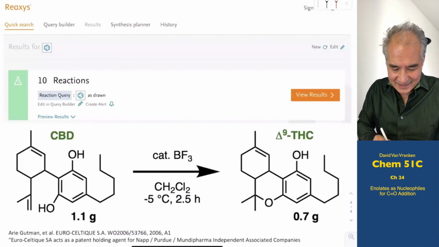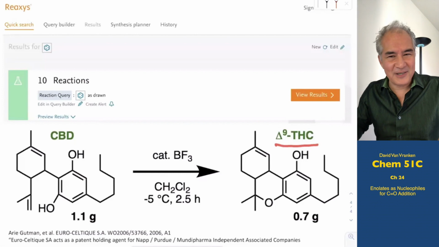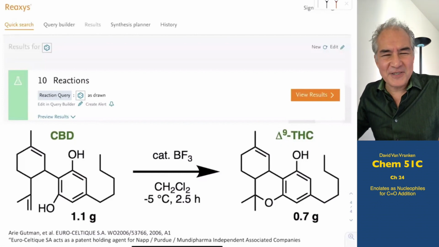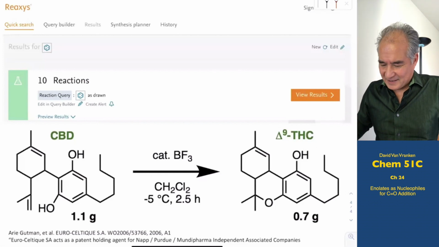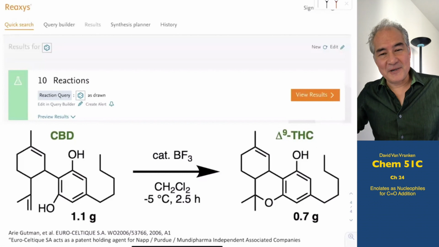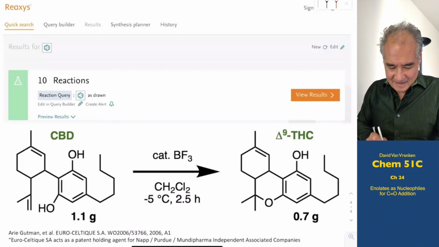And the acid catalyst that's generated in situ catalyzes this transformation and generates delta-9 tetrahydrocannabinol, just like you get from smoking marijuana, in about 70% yield, maybe a little bit less. So, right, if you want to go buy a bunch of CBD oil, unfortunately, they put it into vegetable oil, meaning it's harder to get out of there.